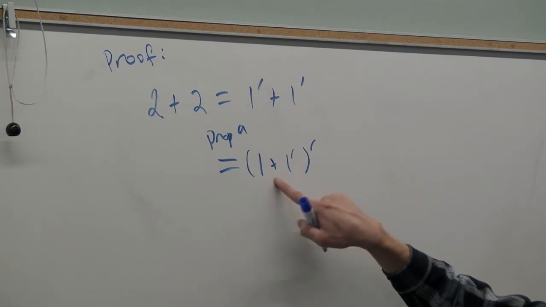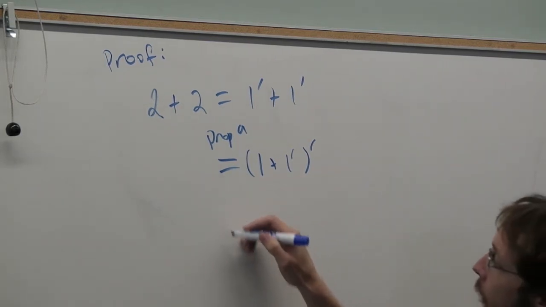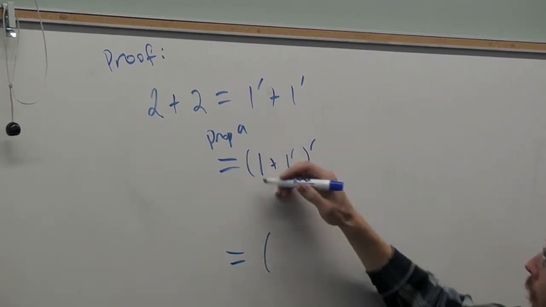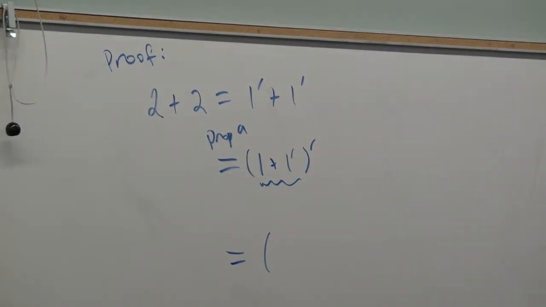Now inside here, 1 plus 1 successor, how can we rewrite that? You could use a lot of different properties here to rewrite this. Just shout it out.